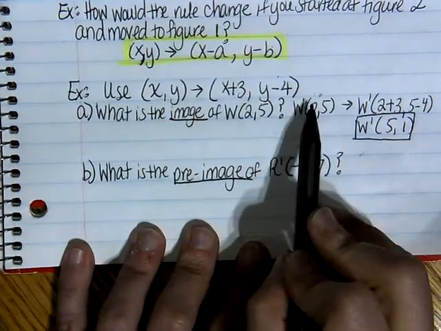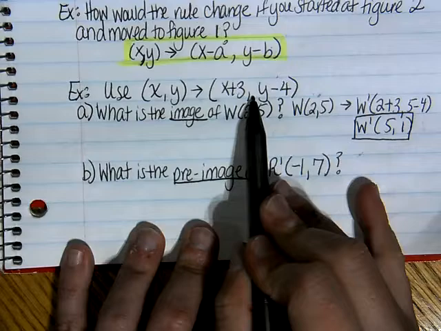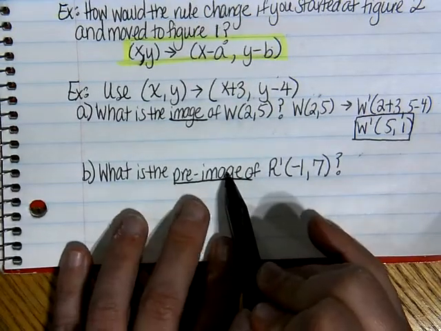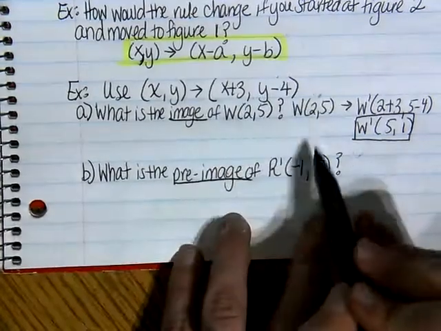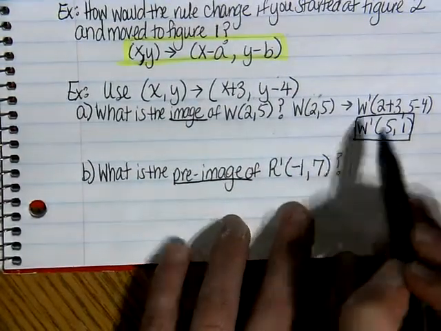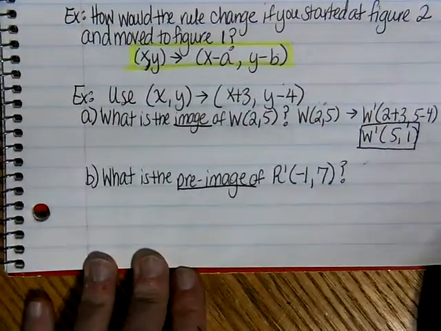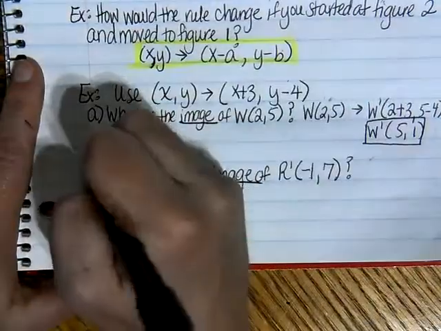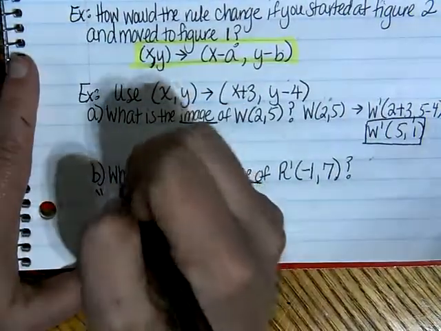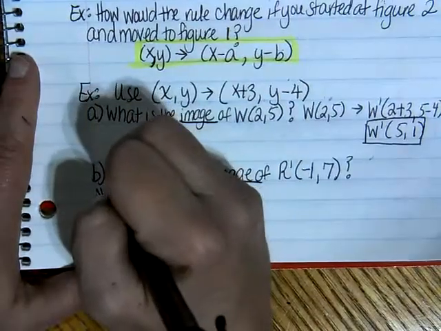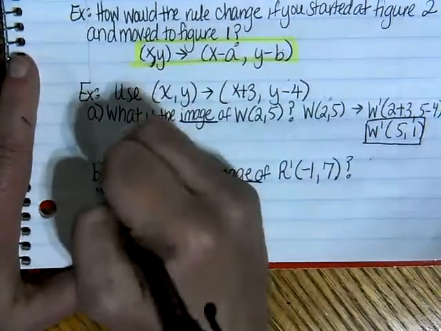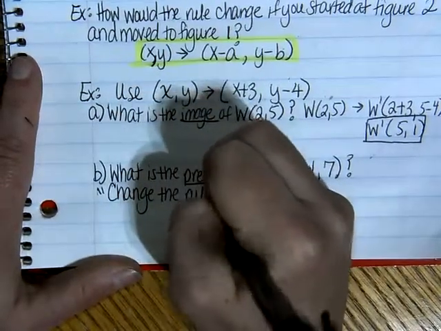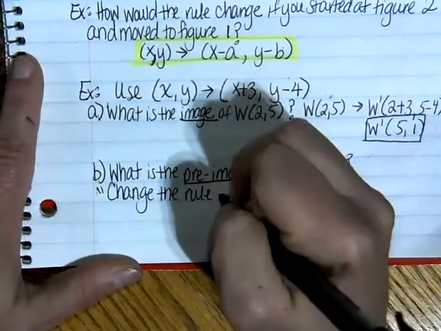Image means that you have your starting point, you use your rule, you come up with where you land. But pre-image means after you did all of this, you landed at negative 1, 7. Where is R located? Whenever you see this language of what is the pre-image, what I would like you to do is do the reverse of the rule using opposite signs. So change the rule and use opposite signs.